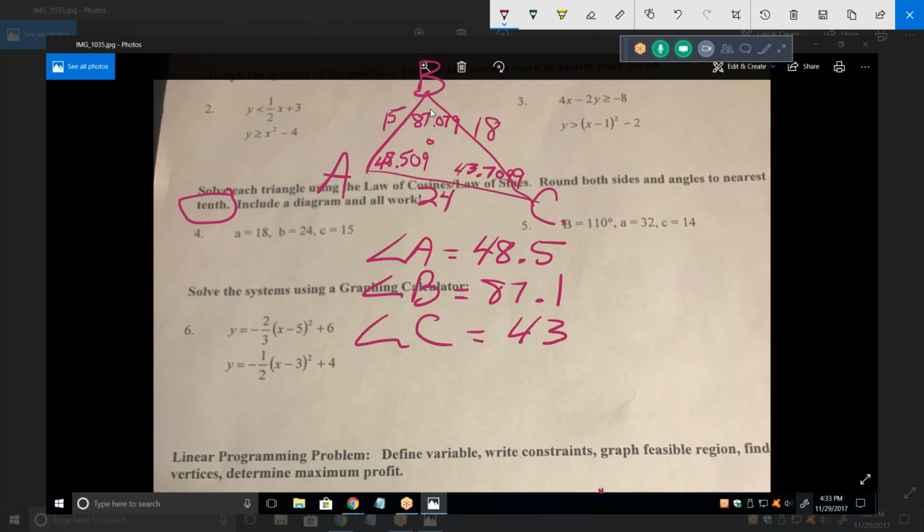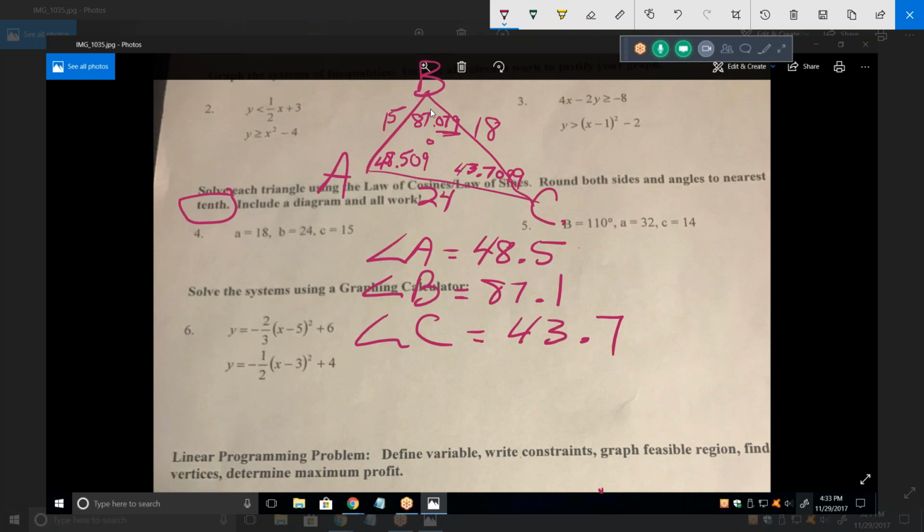43.7. Okay. And now we're sure that we don't have any accumulated round-off error. And you might say, well, there's more decimals to the right of each of these. And that's true, but they're so far away from the 10th spot that we don't need to worry. We might have a tiny bit of round-off error, but it's going to be in the hundredths position because we took each of these numbers out to the thousandths spot.